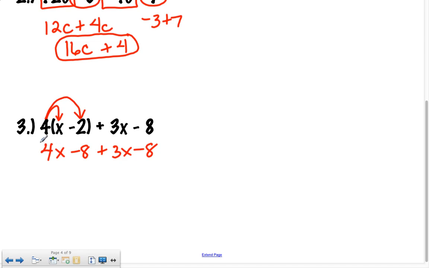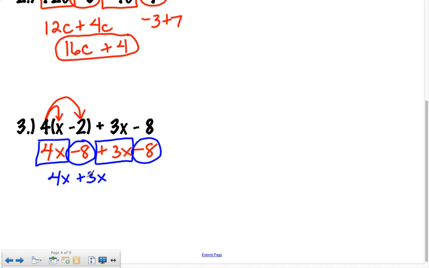So now we're going to box and circle. So we're going to box anything with a variable, circle anything with a number, and make sure you include the sign with the box or the circle. And now I'm able to combine these 2 boxes together, ignoring this negative 8 for a second. So I have 4x plus 3x, which is 7x.